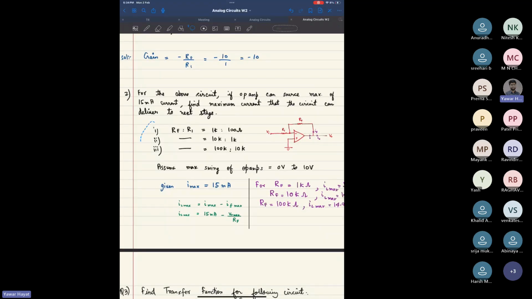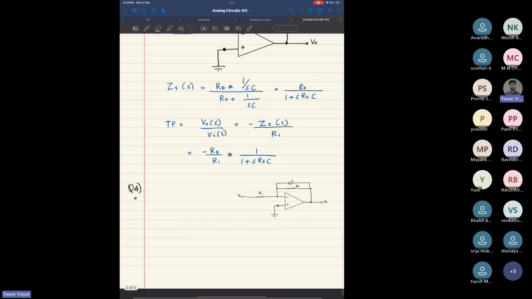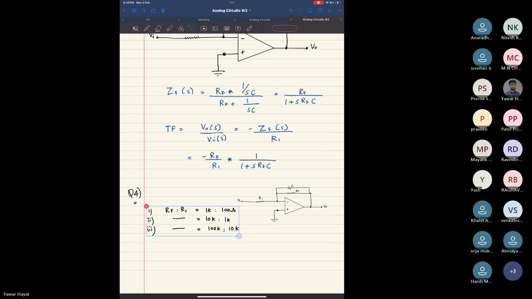Let's copy this as well. Also assume that your C is 10 nano. Now, what would be the bandwidth, or I would say the pole frequency in hertz?